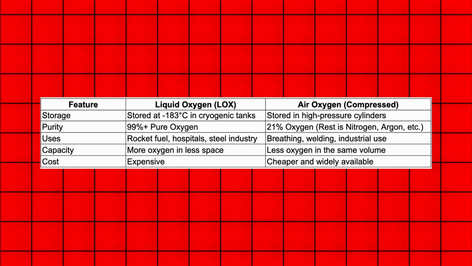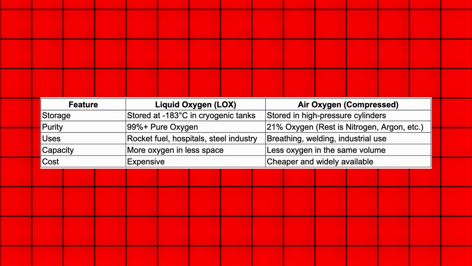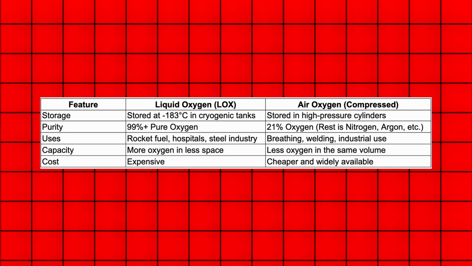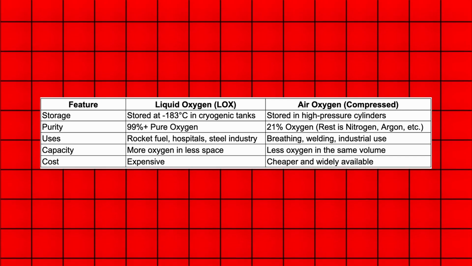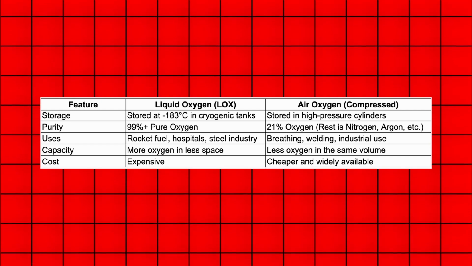Uses for liquid oxygen are rocket fuel, hospitals and industries, whereas for air oxygen they are breathing, welding, and industrial use. Production is by fractional distillation, whereas air oxygen is compressed air. And cost: liquid oxygen is expensive to produce, whereas air oxygen is more affordable.